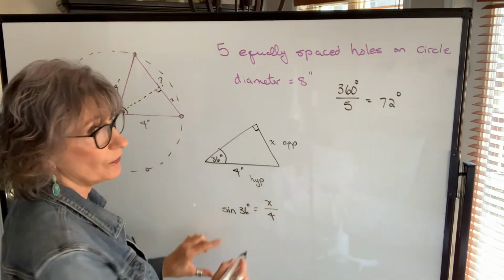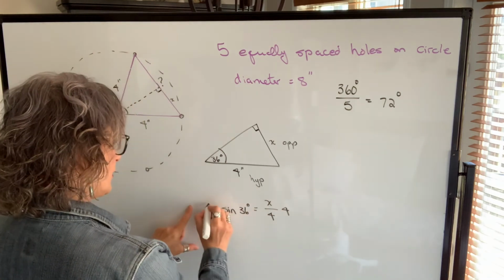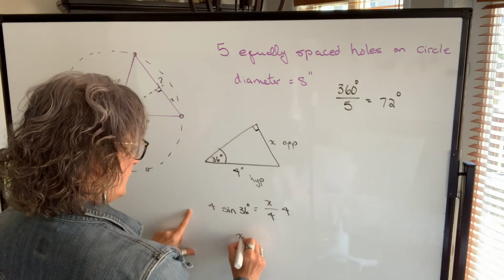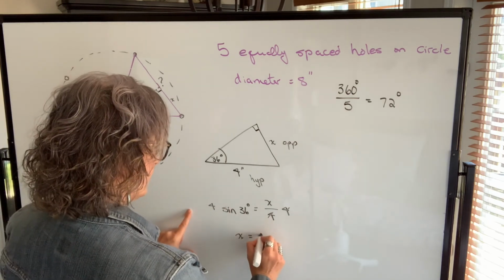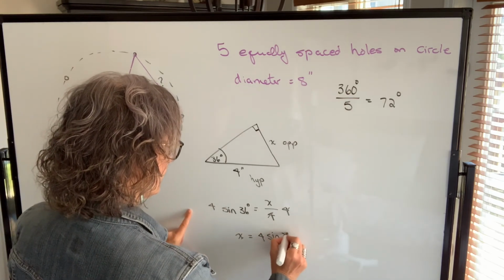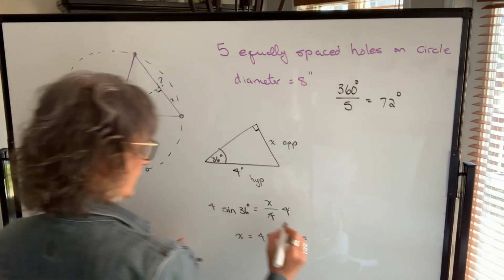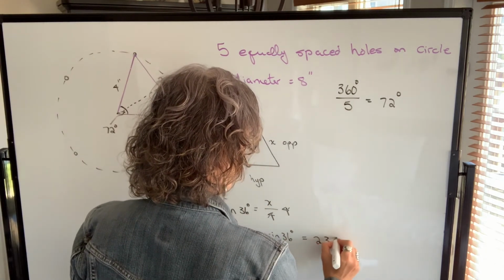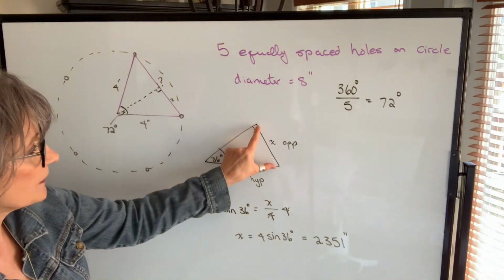In order to solve for x, I need to multiply by 4. Whatever I do to one side of the equation, I have to do the other side. So the 4's will cancel and I'll get x by itself, and it will equal 4 times the sine of 36 degrees, which is 2.351 inches.